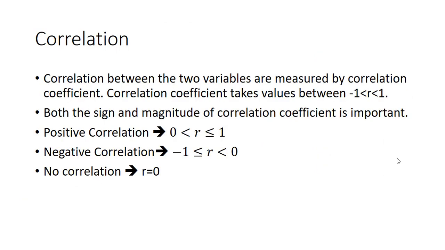Correlation between the two variables is measured by the correlation coefficient. Correlation coefficient takes values between -1 and 1 and is represented by the letter R. Both the sign and the magnitude of the correlation coefficient are important. A positive correlation is signified by a positive sign and both of our variables are going in the same direction.